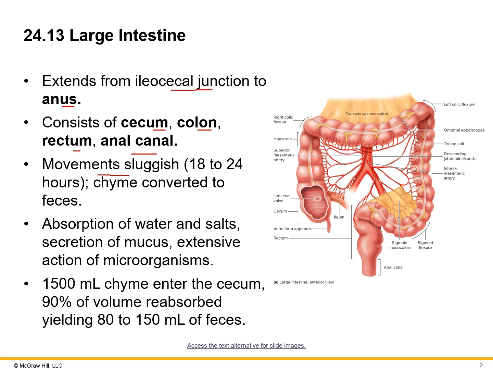So the movements here are sluggish. It takes much longer, 18 to 24 hours compared to around 4 or 5 hours in the small intestine. So the majority of time is spent in the large intestine, and that conversion takes the chyme and converts it into feces. During this process, water gets absorbed as well as some salts.